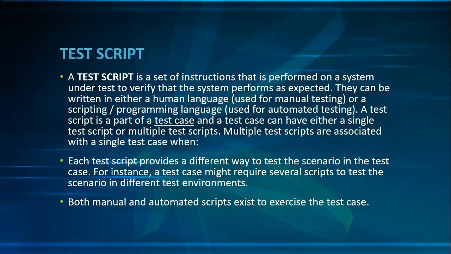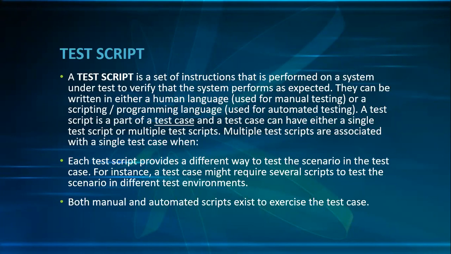For instance, a test case might require several scripts to test the scenario in different test environments. So if I need to test it in SIT, it's going to be different when I'm going to UAT. UAT is user acceptance testing environment. You go to pre-prod.